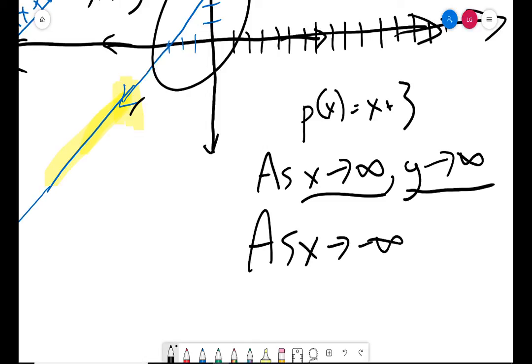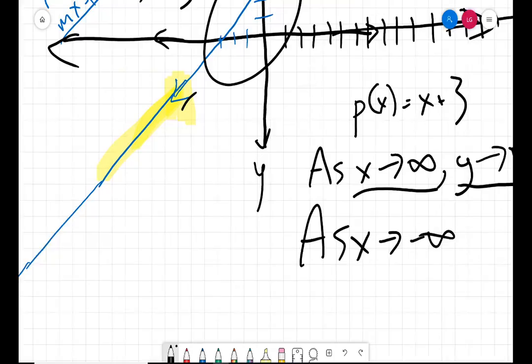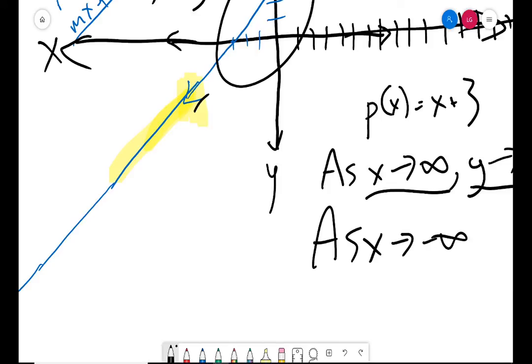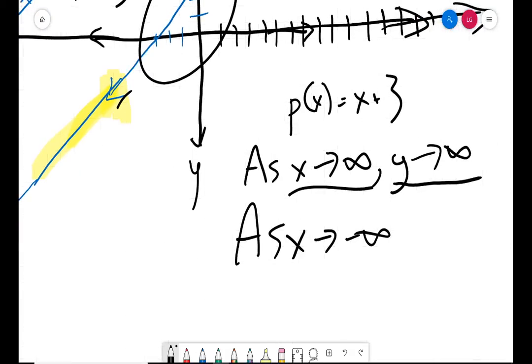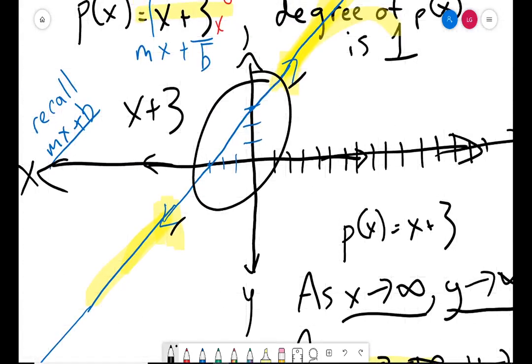So we have that. Similarly, think about this. As x goes to negative infinity, think about what that means. As x goes to negative infinity, this being y, this being the x-axis, what happens to y? First thing is to know this means what happens as we go very far to the left. X being to negative infinity, which is a direction, right?